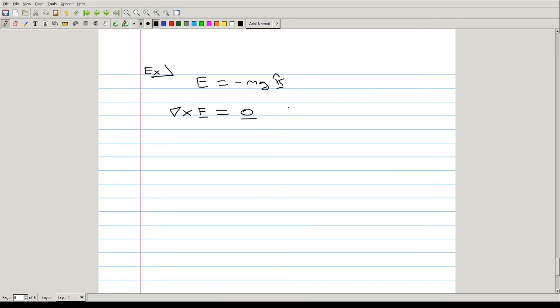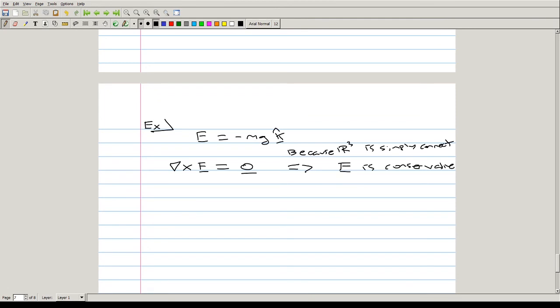Because this is a constant vector field. Therefore, because the domain of the vector field is simply connected, by that theorem, f is conservative.